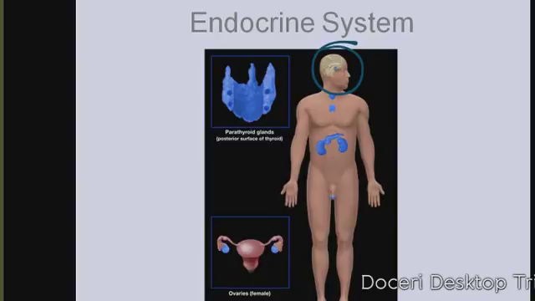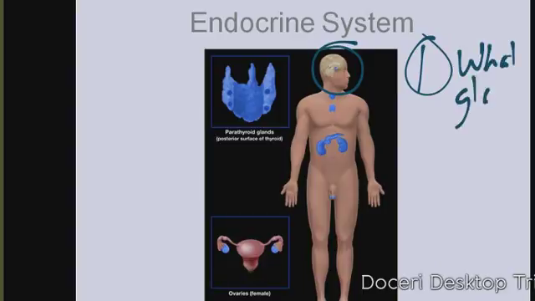First question: what are the other 2 glands? What glands are found in the head?